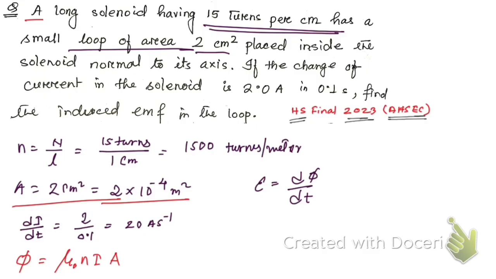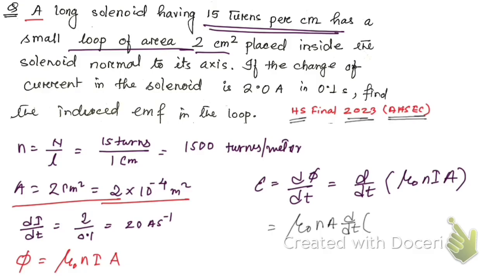If we use that here, instead of phi we're going to use mu naught n I A. Here the only quantity which is changing is the current I, and the remaining quantities are constant. So mu naught n A, these three are constant, so we can take them out of the differential coefficient.